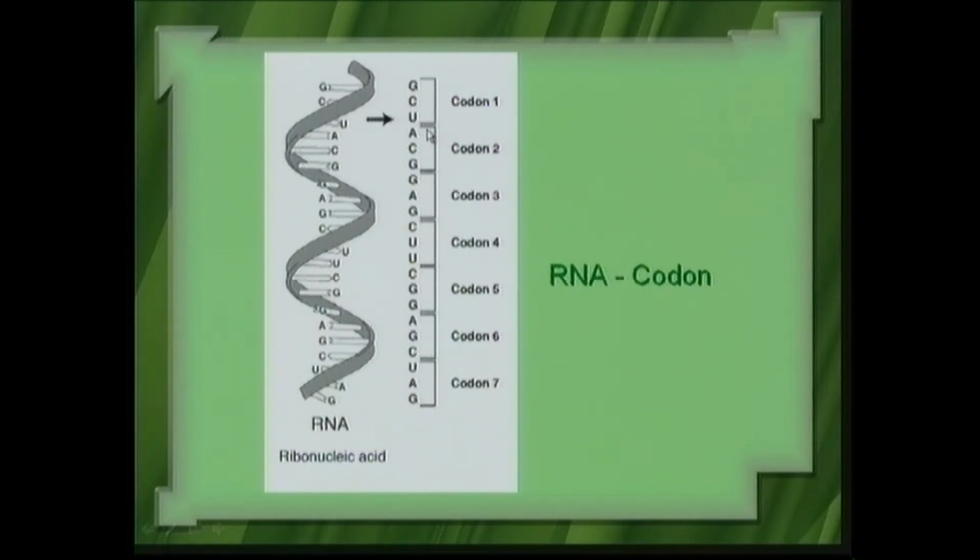Now ACG will code for threonine. GAC will code for aspartate or asparagine, depending on what form that particular structure is in. So each of these codons will code for a specific amino acid, each sequence of 3 bases.